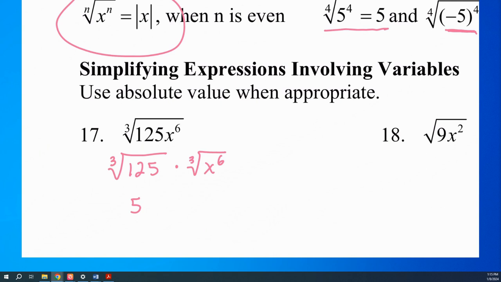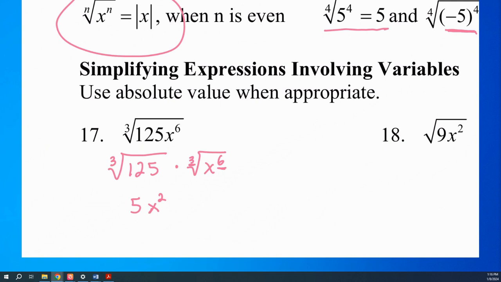And the way we simplify exponents is we take, do you guys remember this from last year? Exponent divided by index. Does that ring any bells? So how many times is 6 divisible by 3? 2 times. Is there anything left over? No. So that means I can take out an x to the 2nd.